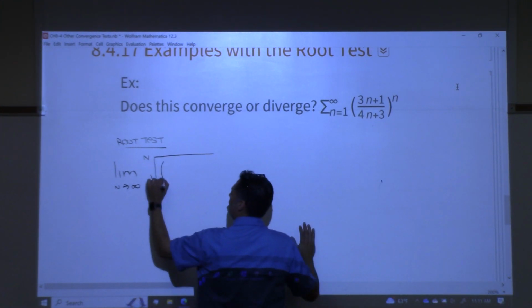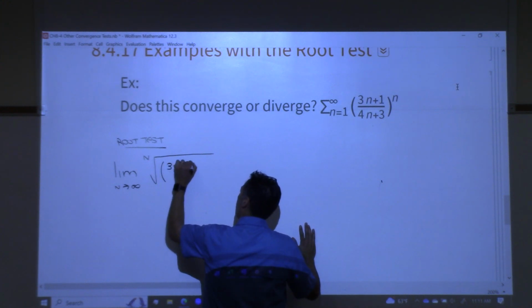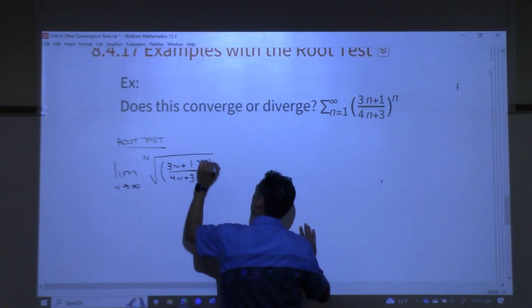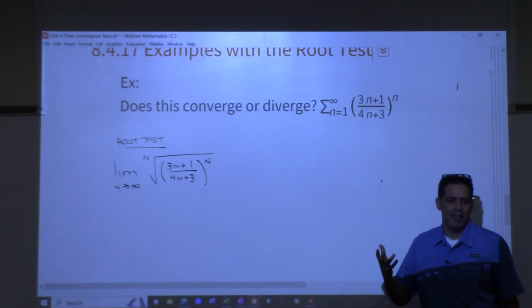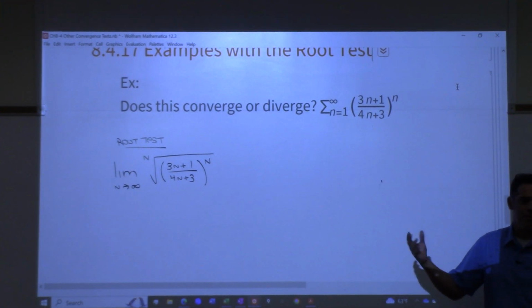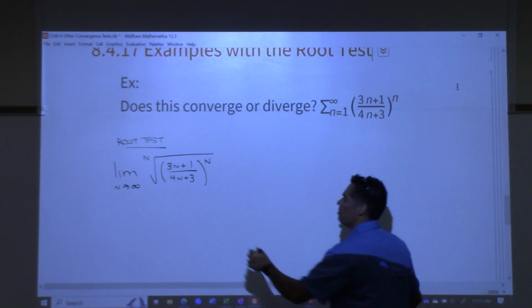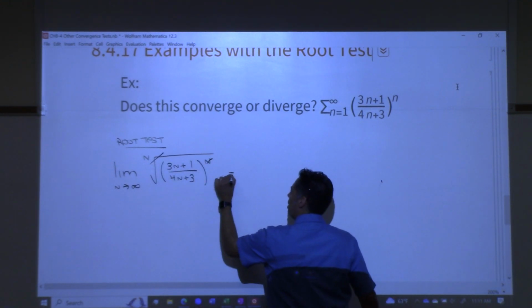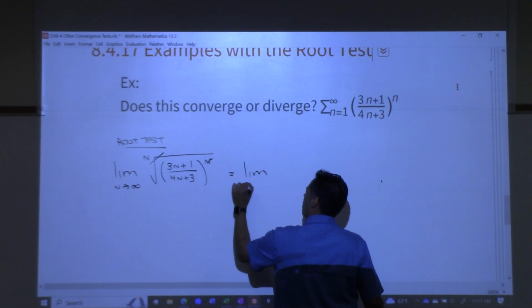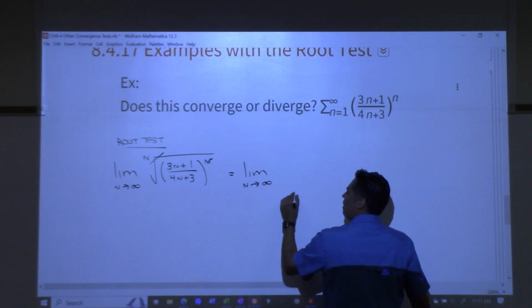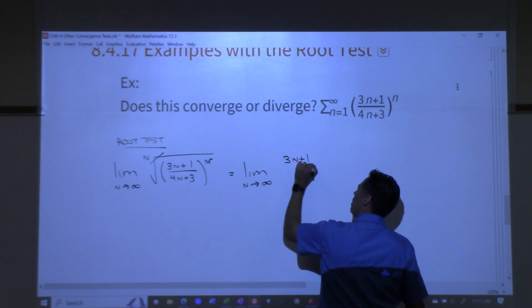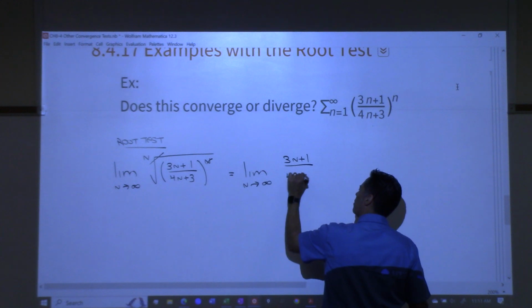So I have (3n plus 1 over 4n plus 3) all to the n. And the great thing about that is that the nth root of something to the nth power, those go away. So you get the limit as n goes to infinity of 3n plus 1 over 4n plus 3.